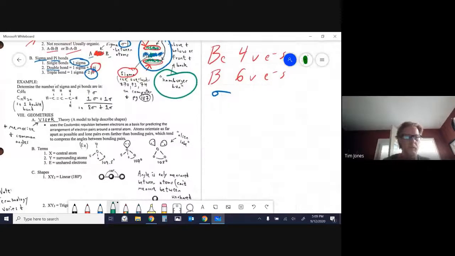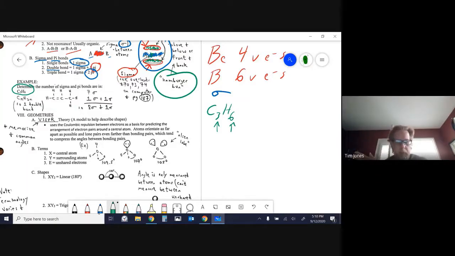So next I have an example. Determine the number of sigma and pi bonds in C3H6. Now, something to notice with C3H6, and I know this is a little bit of a struggle this year because not everybody did organic chemistry last year, is that when you have a molecule like C3H6, the pattern of the number of carbons versus the number of hydrogens tells you something.